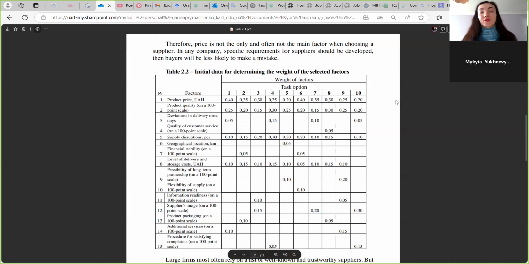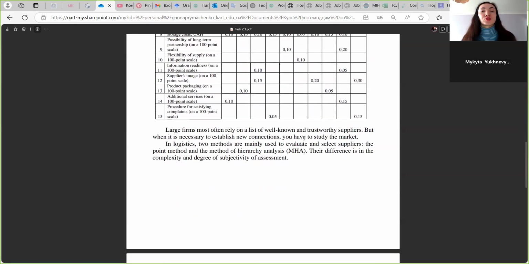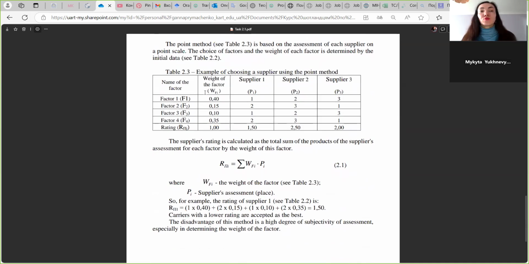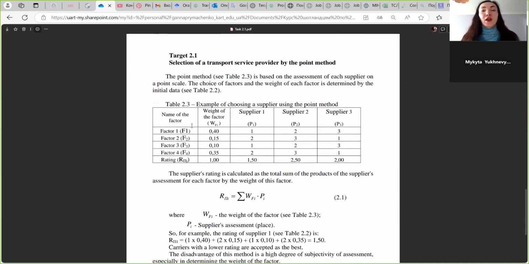So not every parameter we used for our calculations. We remember about it, and we made a table like this example, table 2.3, but with 6 factors. We could write the name of the factor or only factor 1, factor 2, and so on.